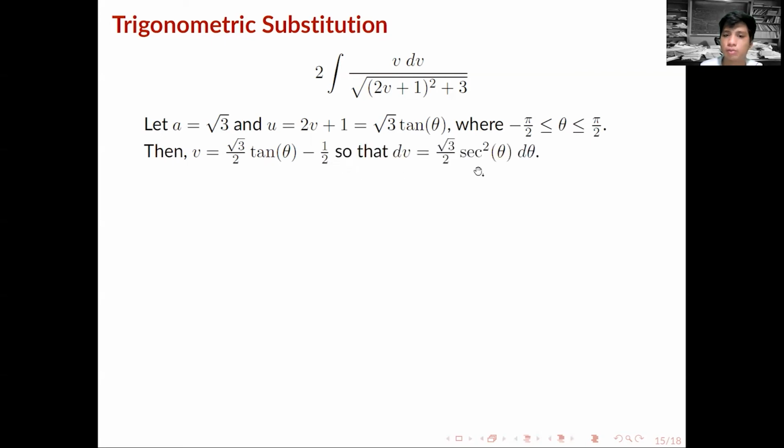And after that, we will obtain this square root of 3 over 2 secant squared theta d theta. Lastly, we have to substitute square root of 3 tangent theta for the quantity 2v plus 1. And after that, we will obtain this square root of 3 secant theta.